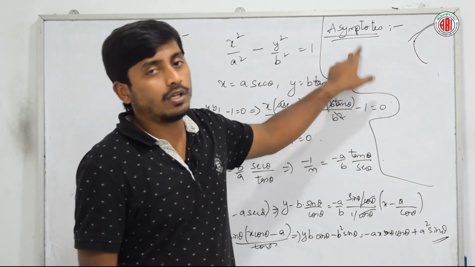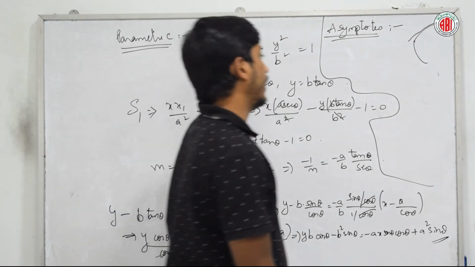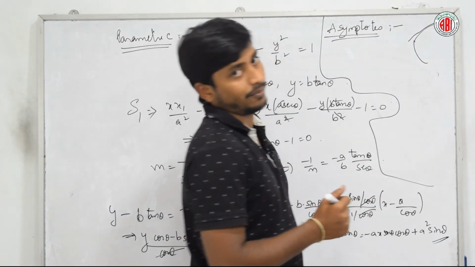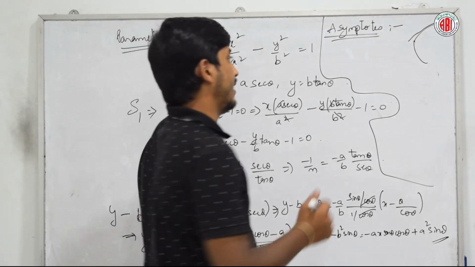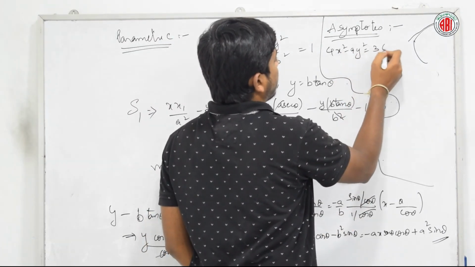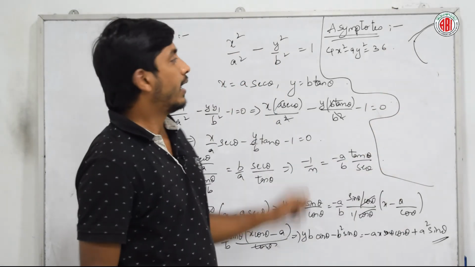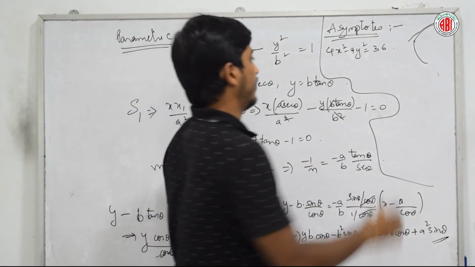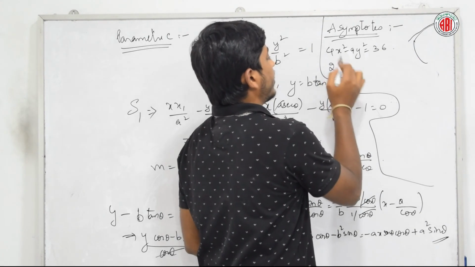The two things we are going to learn here: first, how do we find the asymptotes. Let us say there is an equation like this: 4x square minus 9y square is equal to 36. Can I factorize it? Yes, a square minus b square.